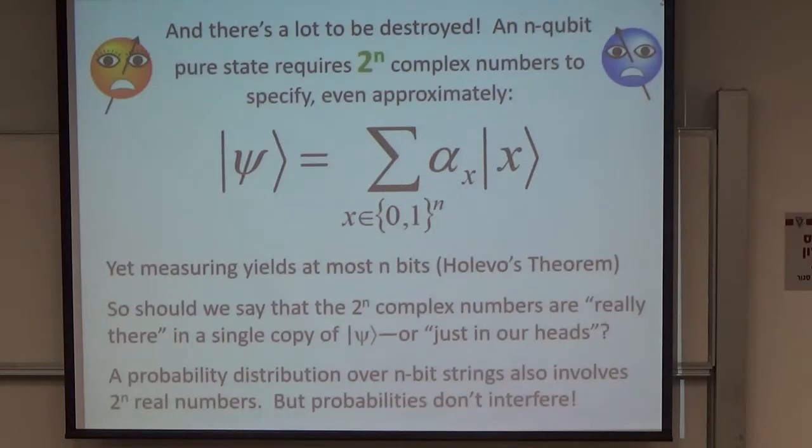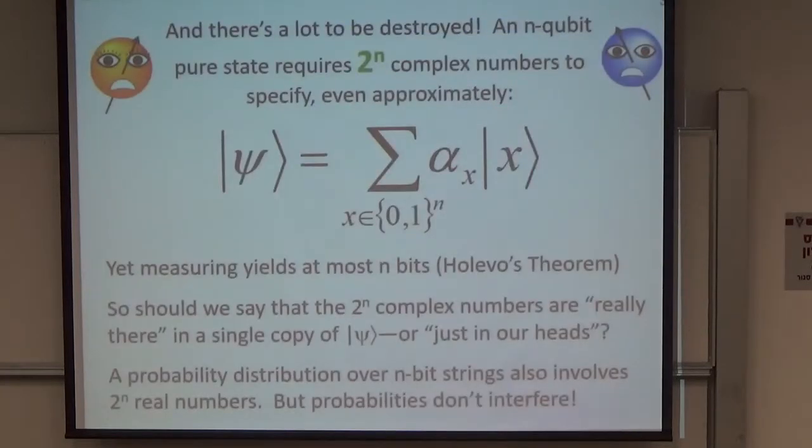I have to specify a probability for all 2 to the n of the strings. But there it seems pretty clear that these probabilities are just in our heads. They're something that, as Bayesians, as prediction agents, we may use to predict which strings are more likely than others. But really, out there in the world, there's just n bits, and once you look, then you know which n bits they are.